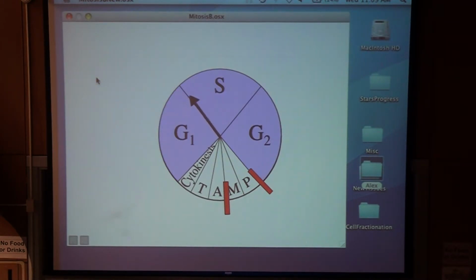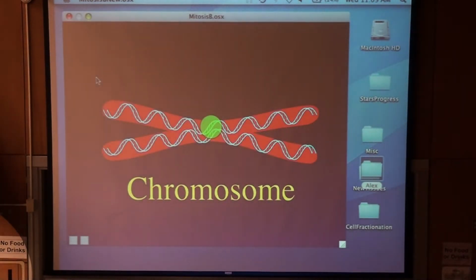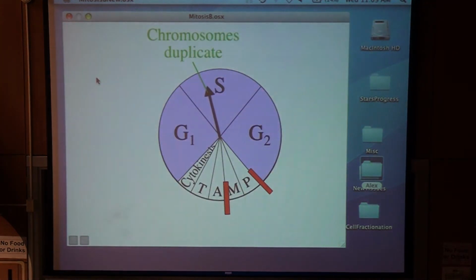You can see a little cartoon there. When the cell has gone into S phase, DNA polymerase 3 and all those other enzymes get activated, and so it goes through S phase. That's what the G0 stopping point is all about.